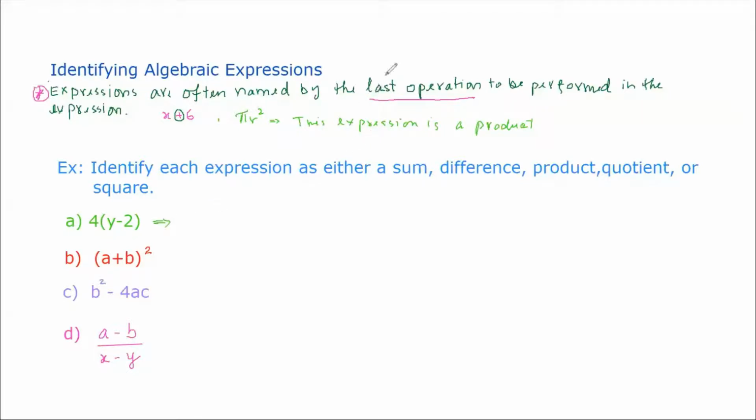In this case, we have to do the bracket first every time, so y minus 2, and then times 4. So this expression is a product.